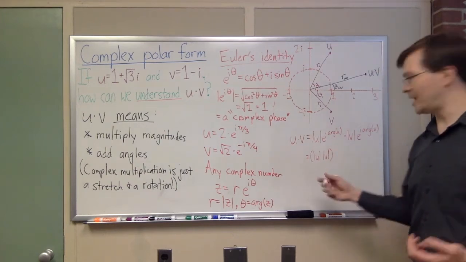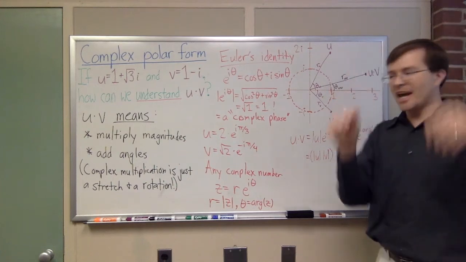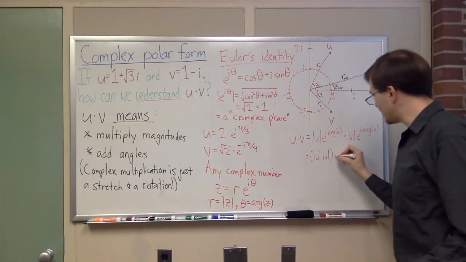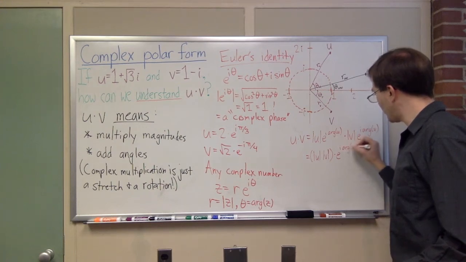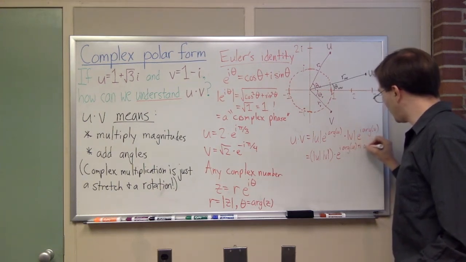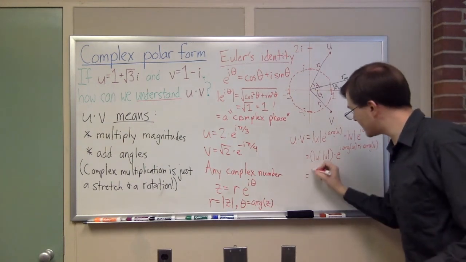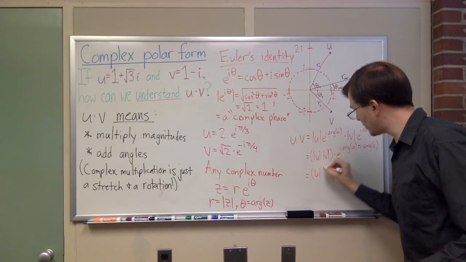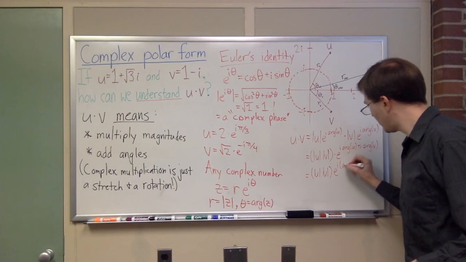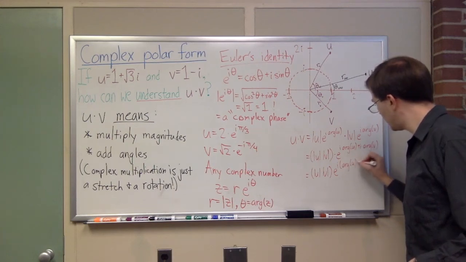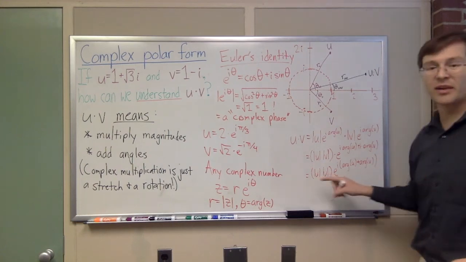That's the magnitude of this thing. And then exponent rules: when I multiply two e to the somethings, I just add the exponents. So this is times e to the i (arg of u plus arg of v). And there we have it.